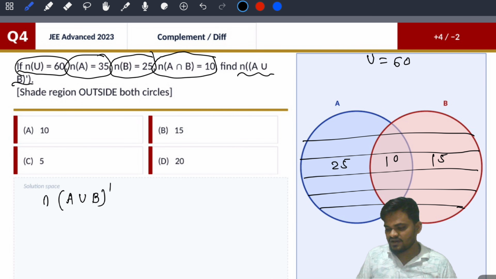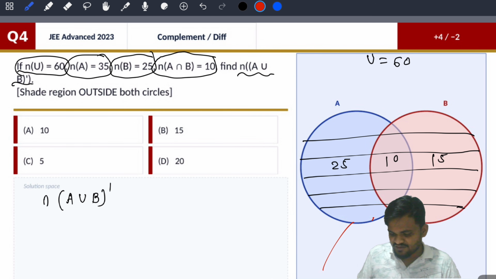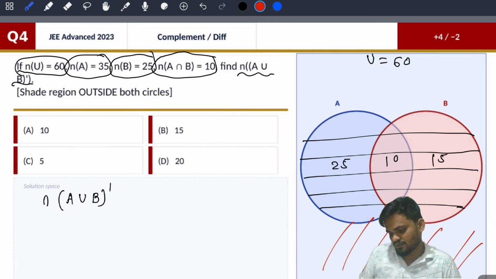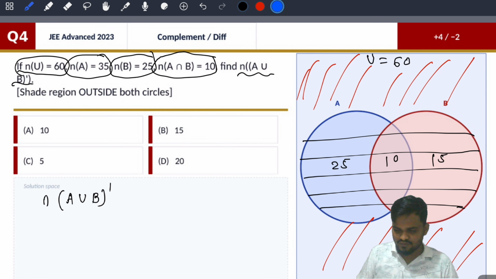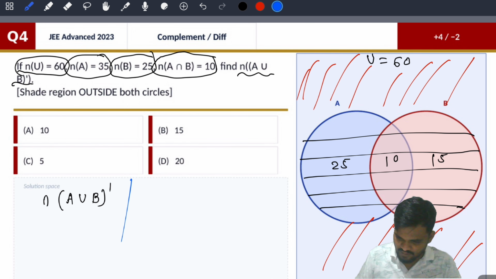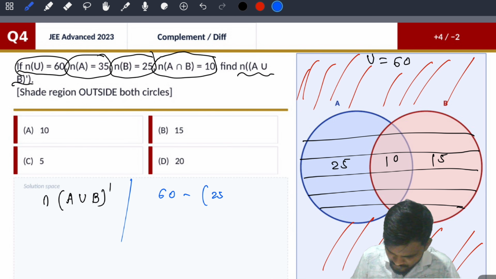So it is asking (A union B) complement, which means this area. How many elements are there? That means the neither case. So how to solve? This is nothing but our universal set 60 minus these elements, 25 plus 10 plus 15.